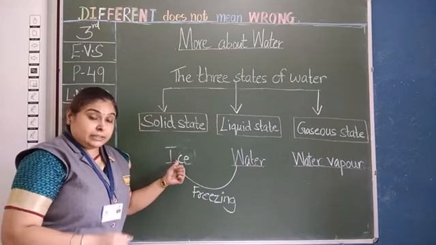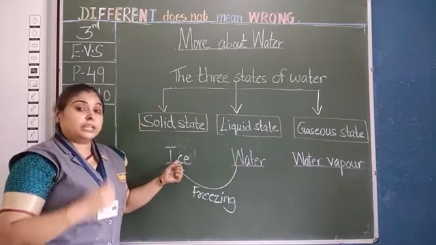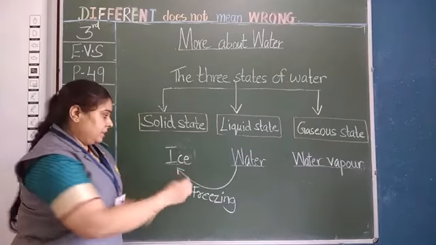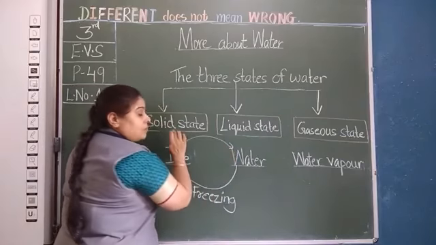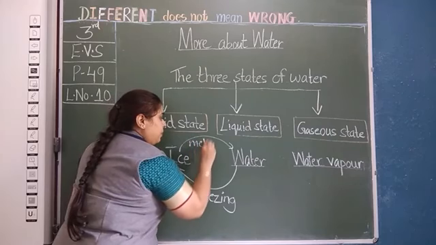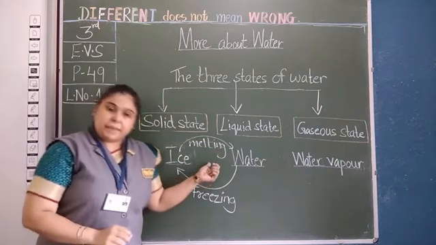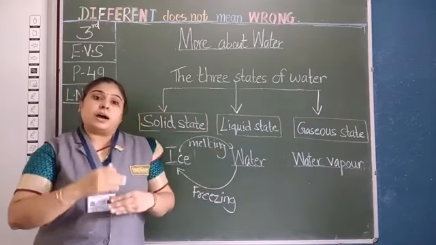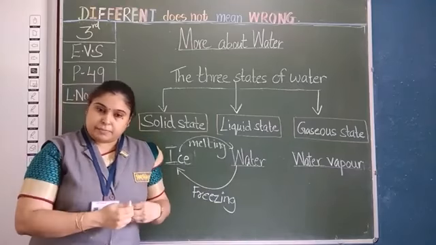When ice gets into contact with high temperature, or when we put it on the heat, it melts. The process from ice to water, or we can say solid state to liquid state, is known as melting. So, change of ice into water on heating is called melting.